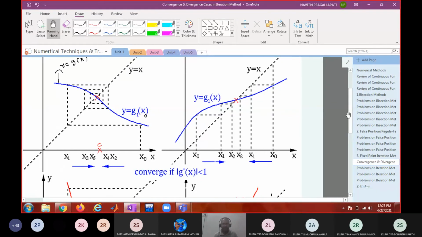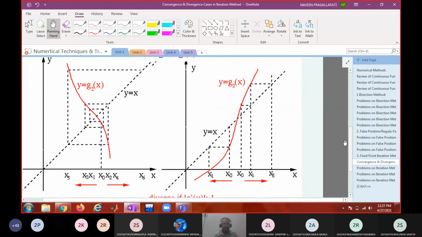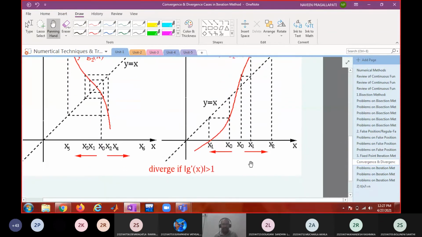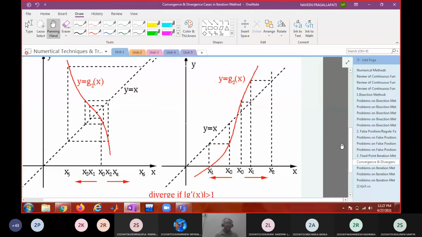Whereas here, when the derivative is greater than 1, convergence is not guaranteed. You see here, for this curve, the tangent is about 135 to 180.